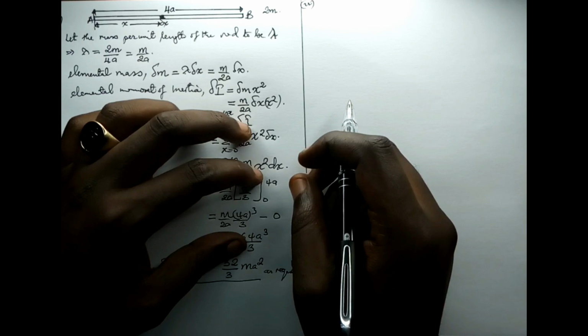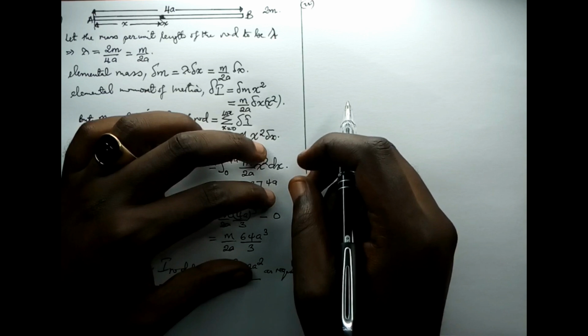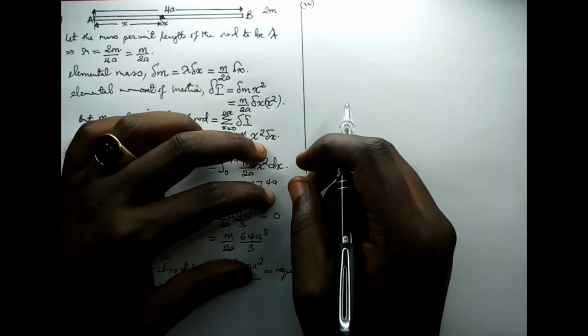Usually the best way to analyze a system that is complicated like this, once there is adherence of a particle onto a body and there is rotational motion of the system, it is always good to consider the moment of inertia of the system and to calculate the new center of gravity of the system and analyze the body as a whole rather than doing the analysis of the particle and the body separately.